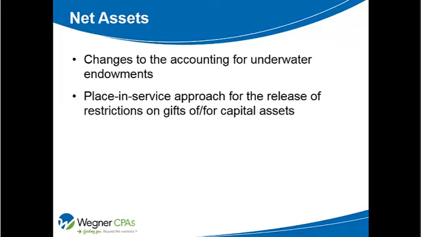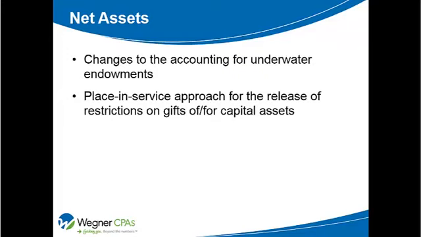But going forward, they're only going to allow one approach, and that's the placed in service approach. So you will not be able to release those restrictions on capital assets on a capital campaign until the assets are actually placed into service. So I think the best example I could give is with a capital campaign.